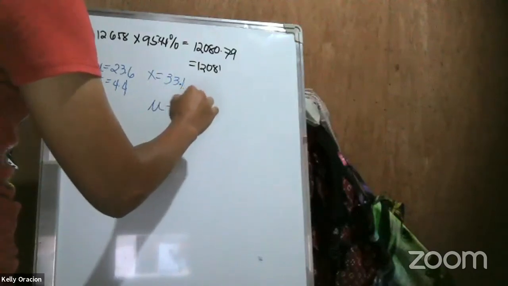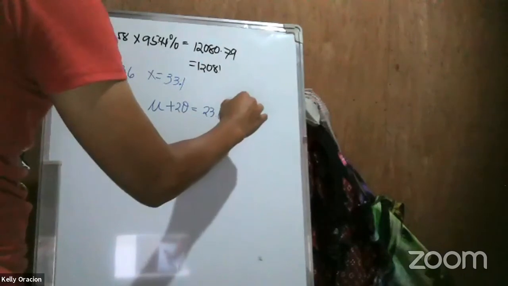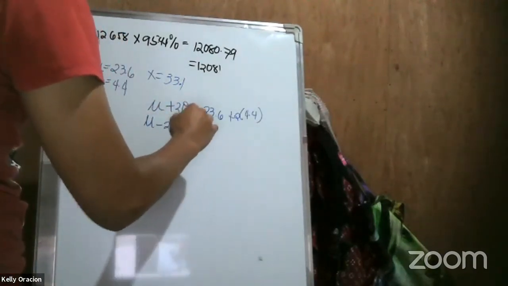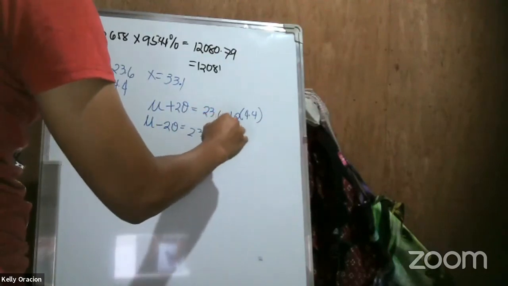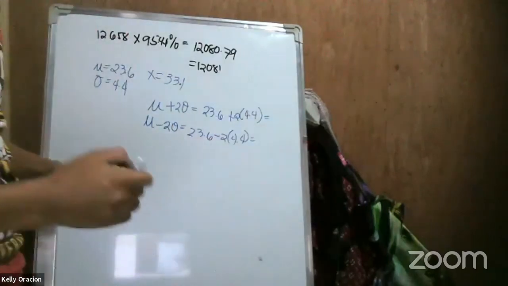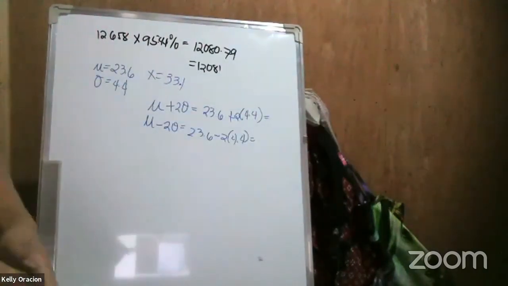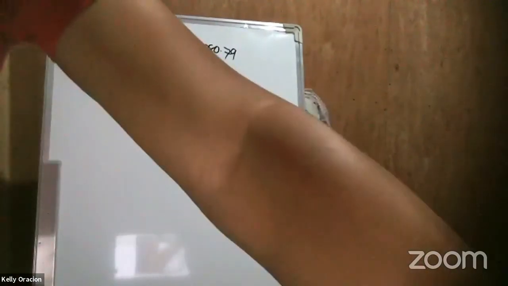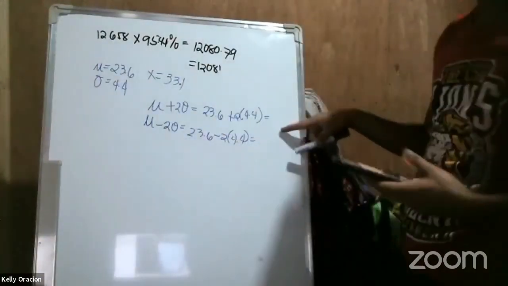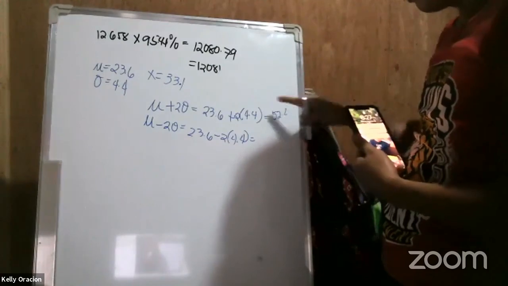2 standard deviations, that's 23.6 plus 2 times 4.4. The other one is minus. What's the answer for this one? 32.